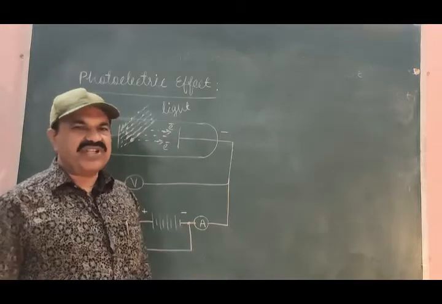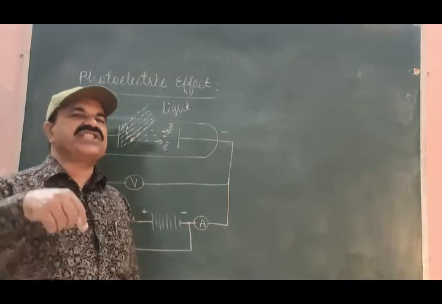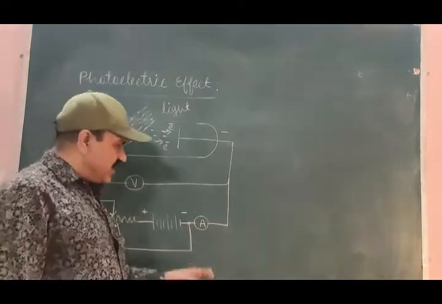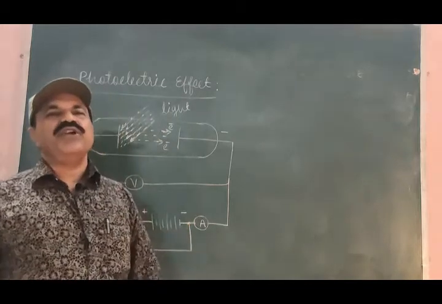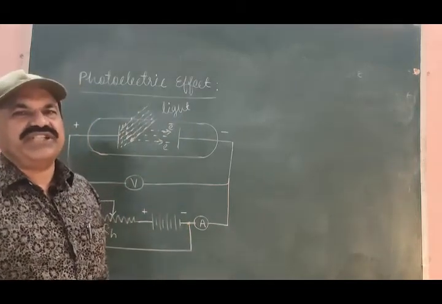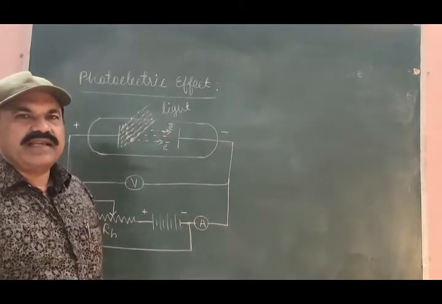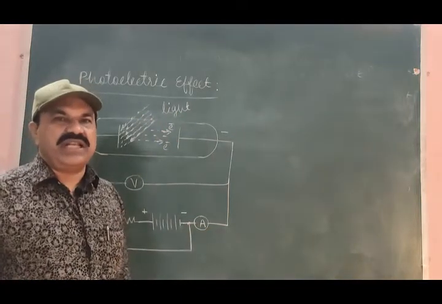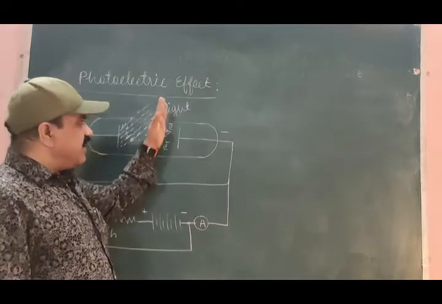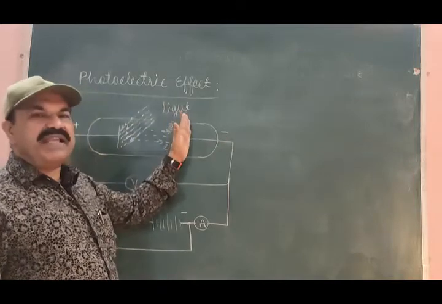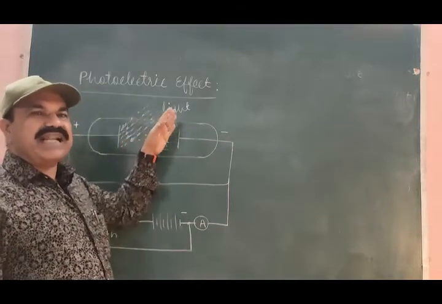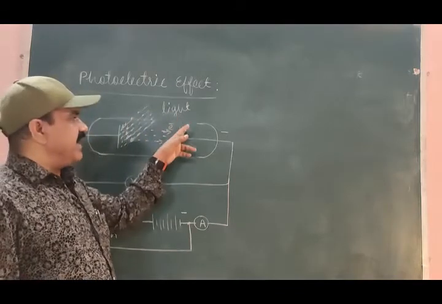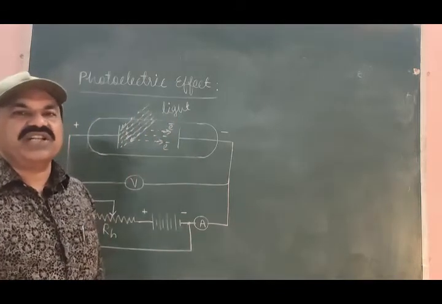The retarding potential is increased in steps, and every time the current flowing through the ammeter is noted. At a certain value of retarding potential, all the electrons coming to this plate are repelled by the retarding potential.